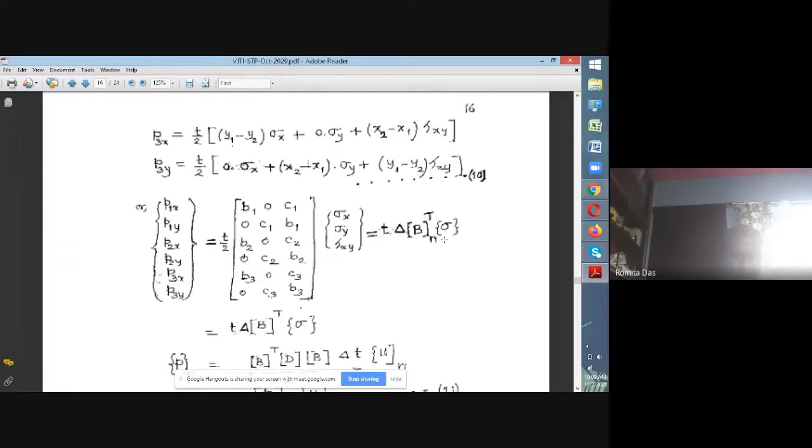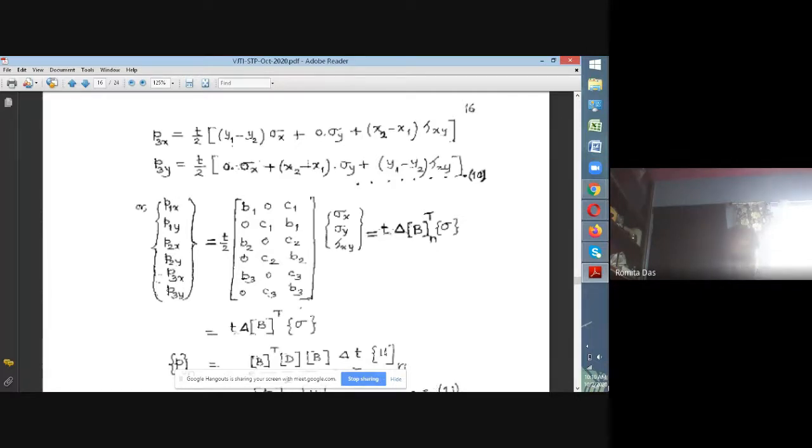And this matrix, we can write in the form that this is T multiplied by, if I just put delta in the denominator, multiply by delta again in the numerator, you get this expression converted into B transpose multiplied by the stress matrix sigma. So the load at the nodal points of the element is finally given by T into delta B transpose multiplied by sigma.